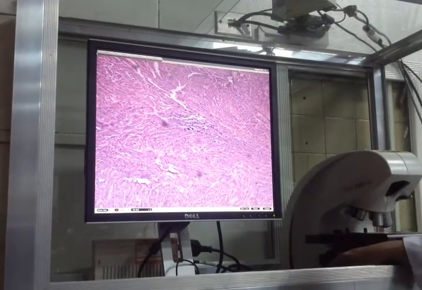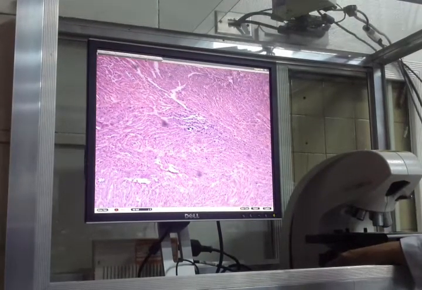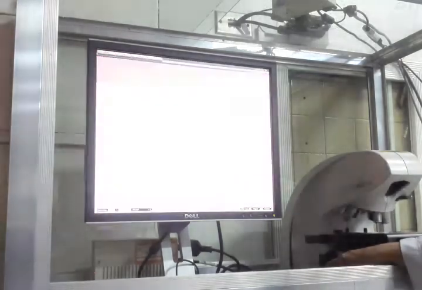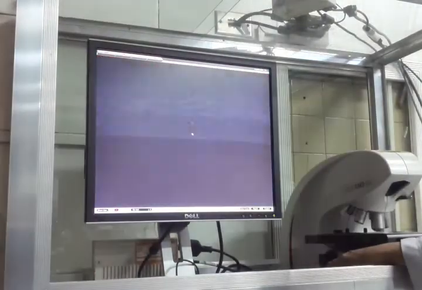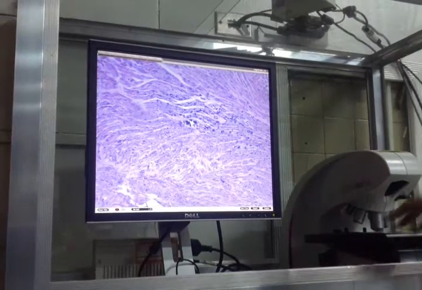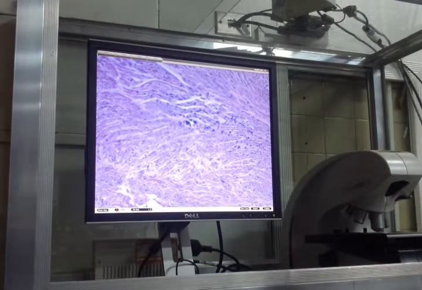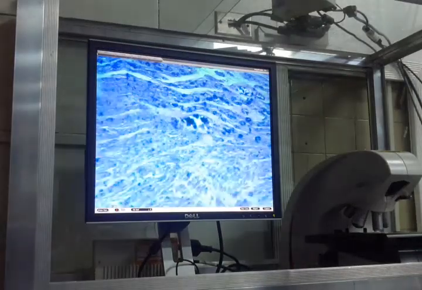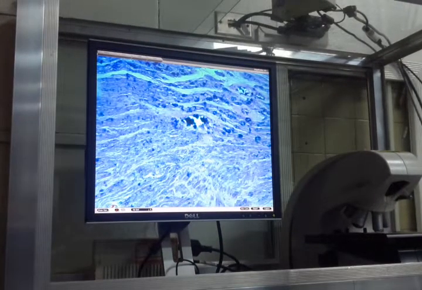Can you see this dark spot over here? Okay, I will put it under higher magnification. Okay. Kulay violet siya, di ba? Tapos dark staining.